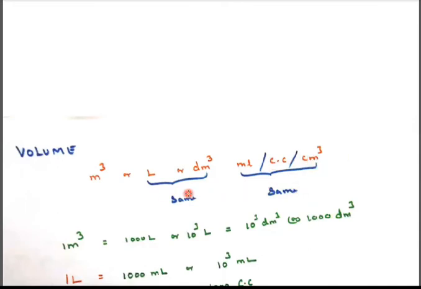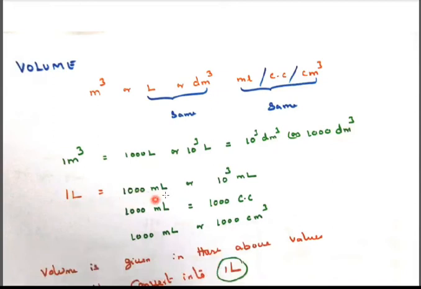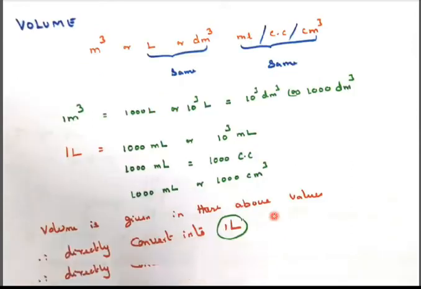So 1 meter cubed is 1000 liter, or 10 to the power 3 liter, which is equal to 1000 decimeter cubed. 1 liter equals 1000 milliliter, or 10 to the power 3 milliliter. And 1000 milliliter is equal to 1000 centimeter cube. If volume is given in these units, convert them directly to liters.